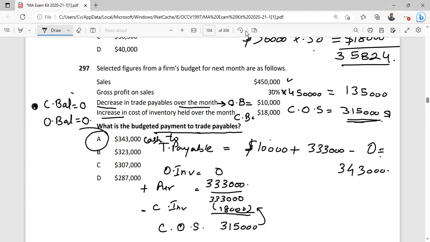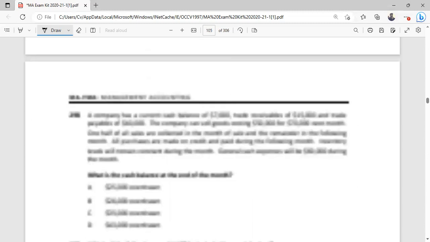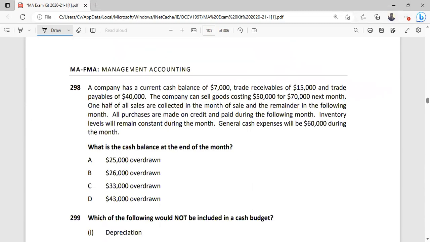Any question? Okay. Next question is again regarding the cash balance. A company has a current cash balance of $7,000, total receivables 15,000, and trade payables of 40,000. The company sells goods costing 50,000 for $70,000 next month.